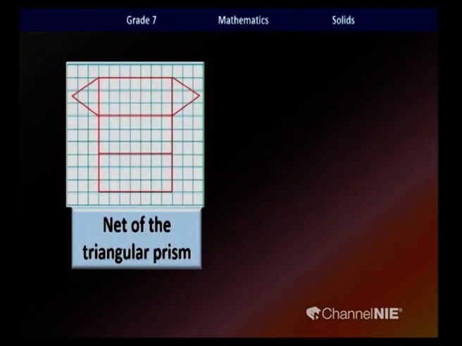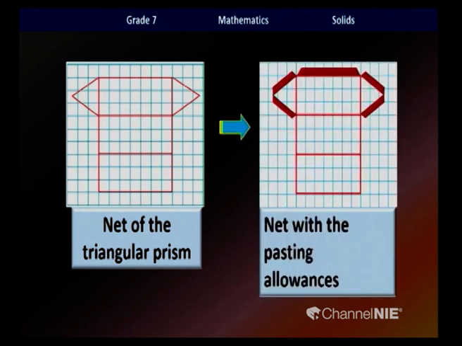Right. We will then move on to the net of a triangular prism. As you can see on the screen, in the net of the triangular prism, we have 3 rectangles and 2 triangles. But when we want to make the triangular prism at school, we have to have the pasting allowances.